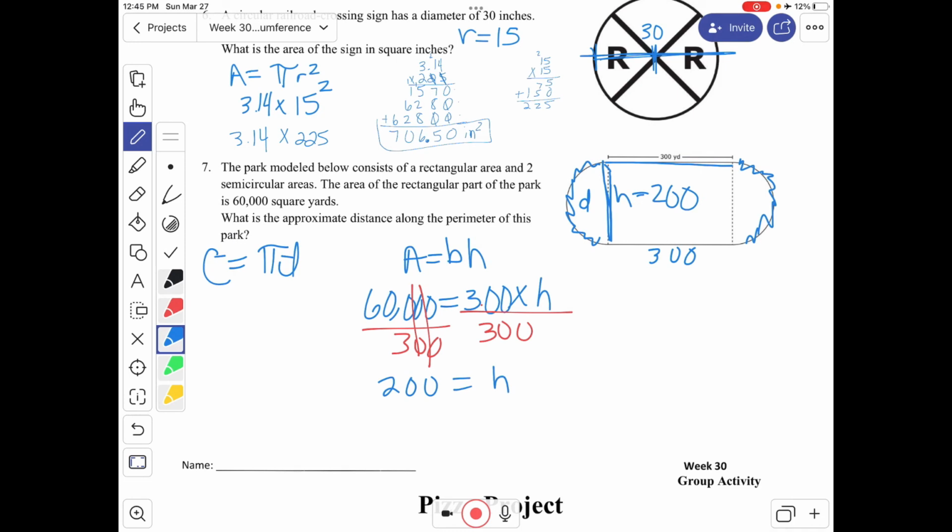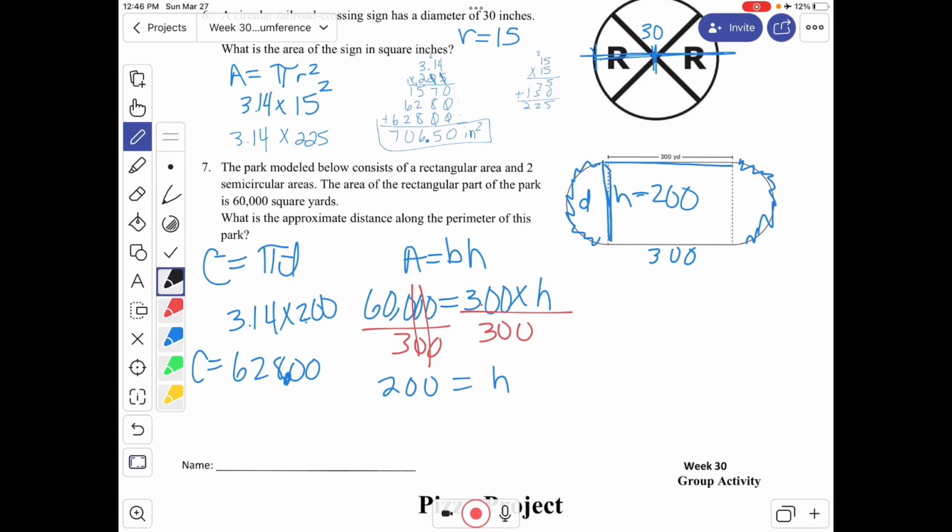Okay, so now I know the diameter and I can plug it into the formula. Pi times 200. Well, I know if I multiply by a number that has zeros on the end, I get 2 zeros. And then 2 times 4 is 8, 2 times 2 is 2, 2 times 3 is 6. And my decimal needs to go 2 spaces over. So now I know the circumference of the circle is 628.